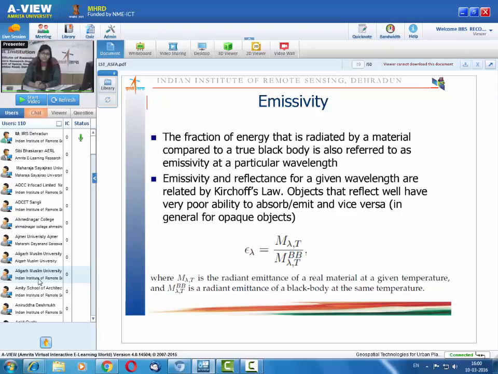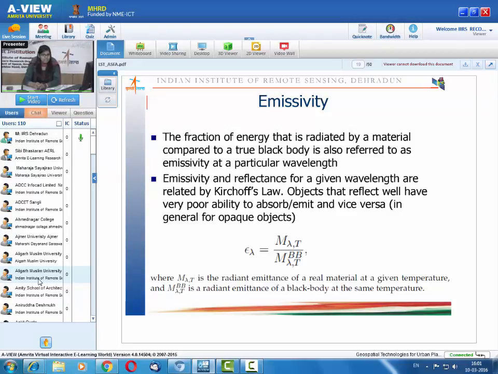If we know the reflectance properties of the surface, we can somehow understand the emissivity of the material. Emissivity measurement is difficult on the ground, whereas spectrometers can be used for reflectance measurement. Kirchhoff's law tells us that objects that reflect well have poor ability to absorb or emit, and vice versa.